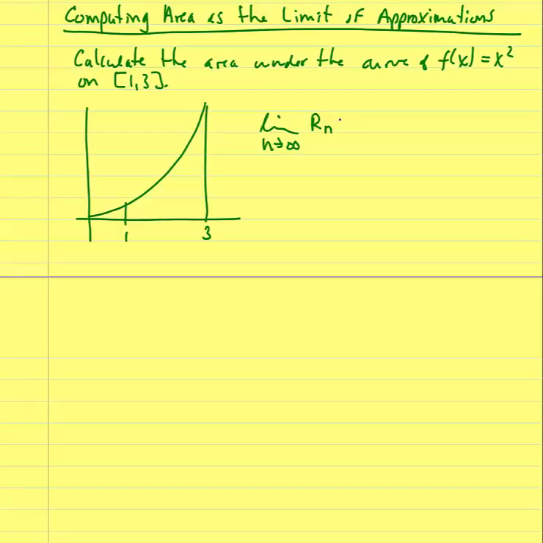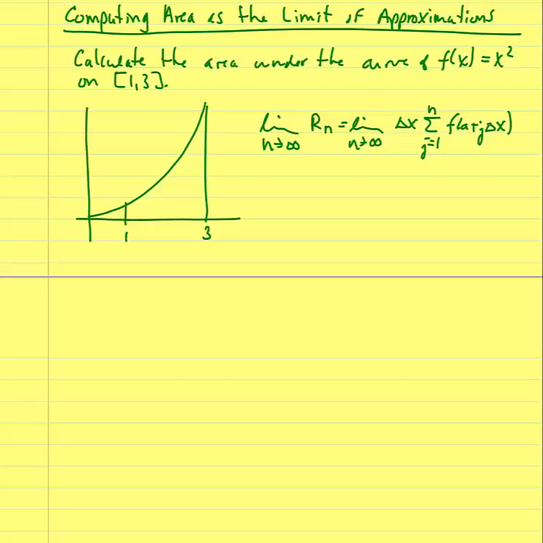So if I'm going to write this out, this is going to look like the limit as n approaches infinity of delta x times the sum j equal 1 to n of f of a plus j delta x. So what we want to do is start filling in what we know.